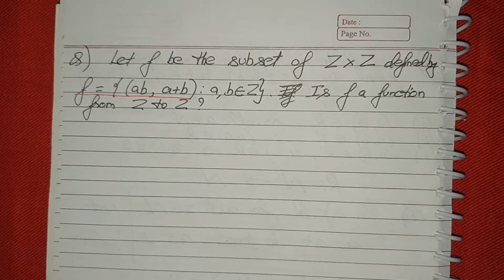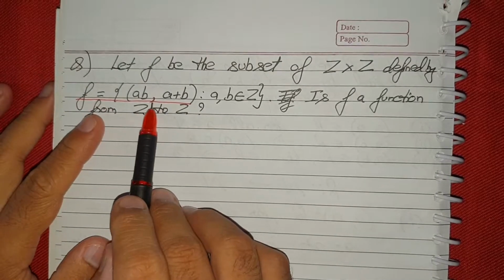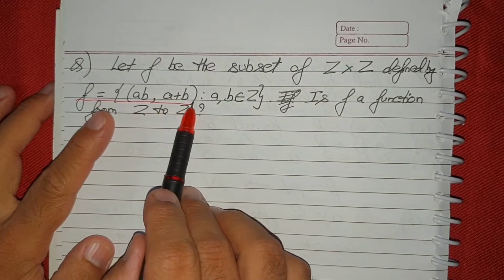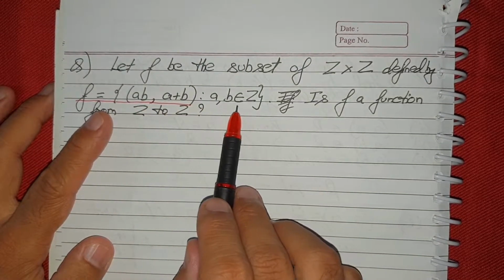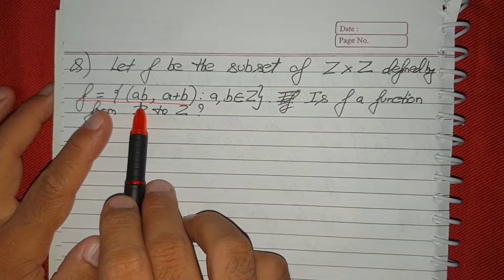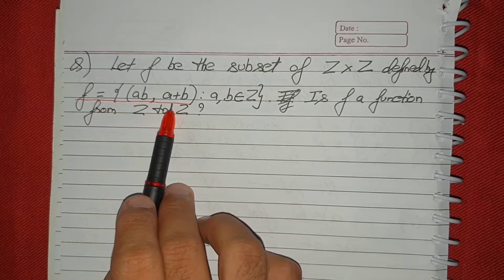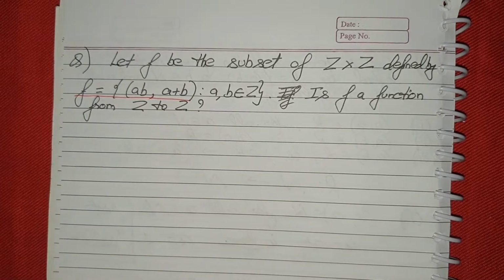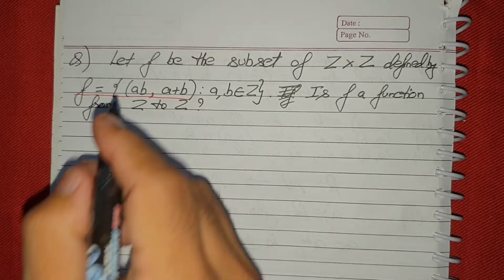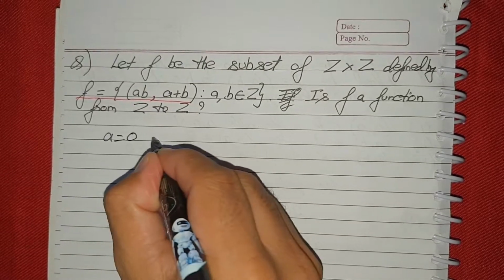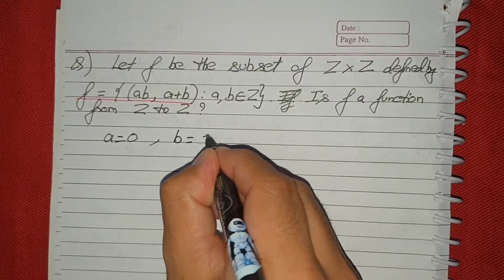Now see, ab comma a plus b. This is x and this is y, where a comma b belongs to integer. Now we just take simple numbers. Suppose we take a equals 0 and b equals 1.